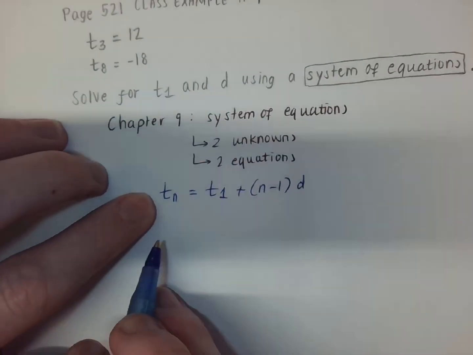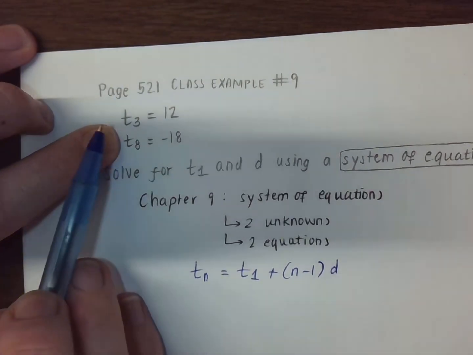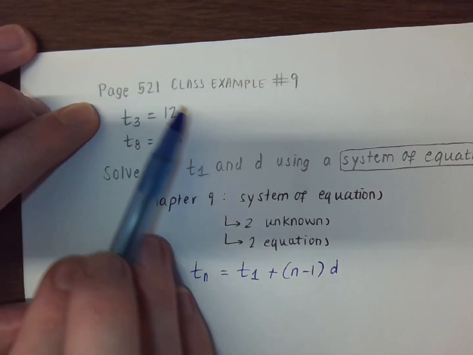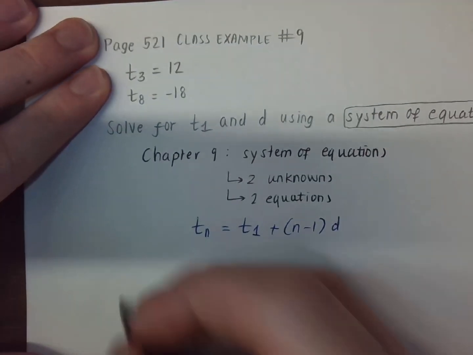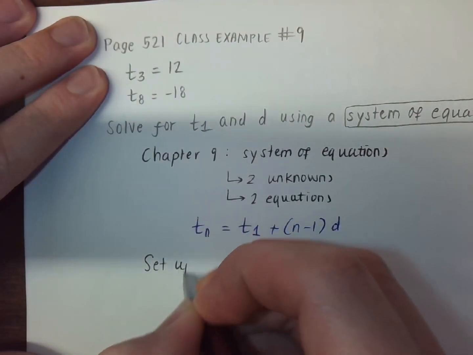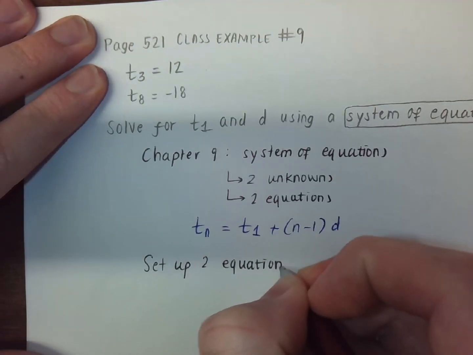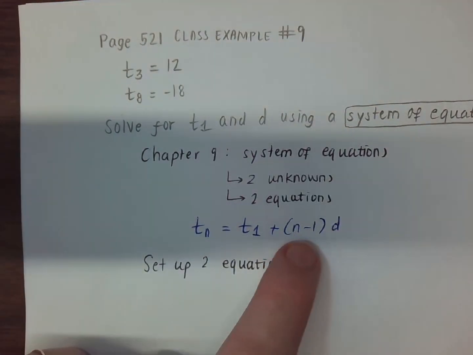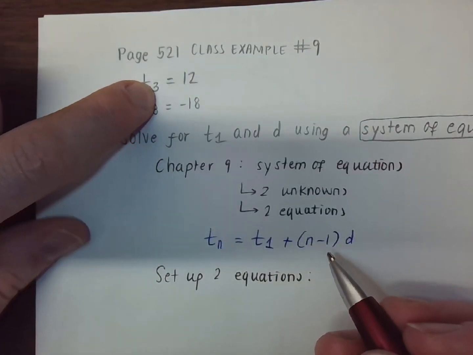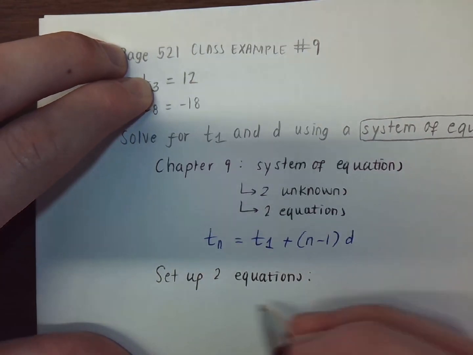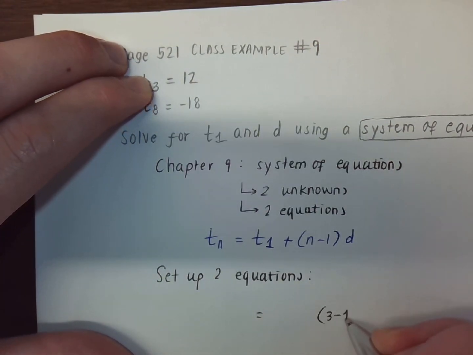If we are given this information, I can pretty much set up two equations from that. One of our equations is going to be when n equals 3, because that's T3.